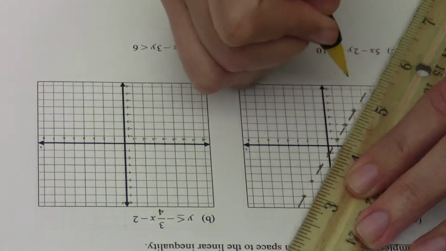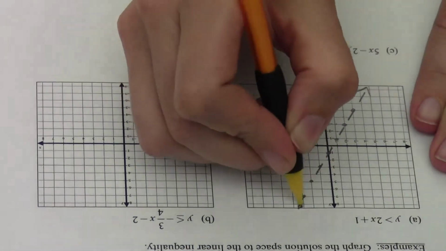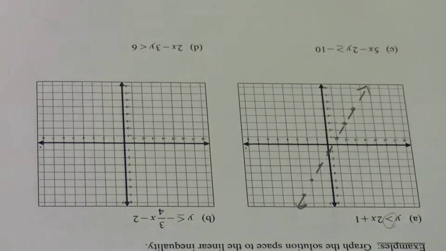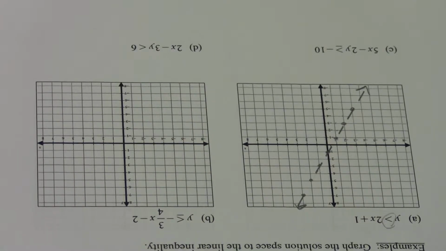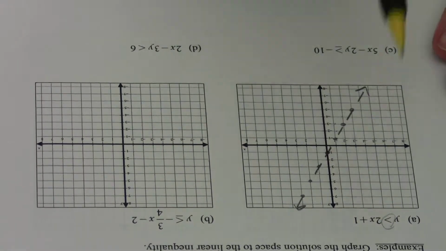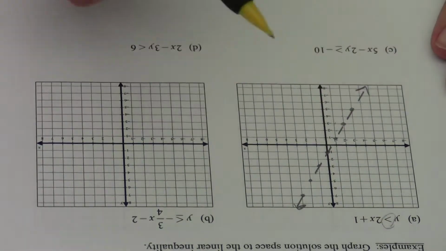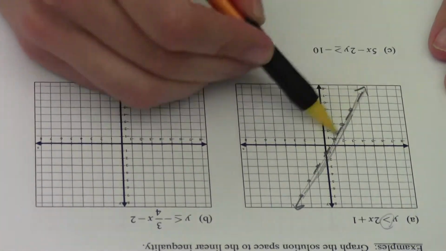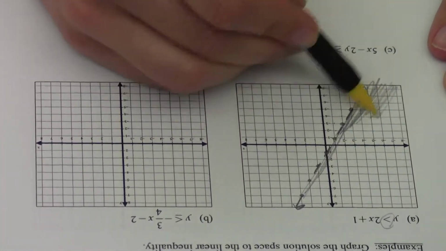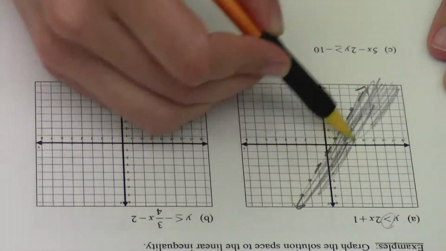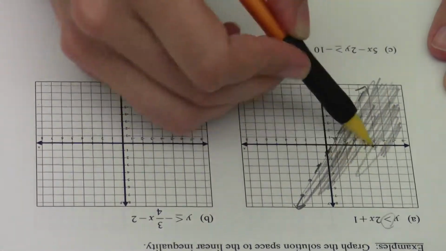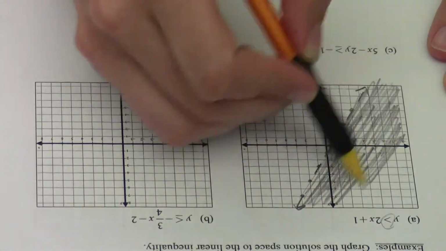If you notice, I'm dashing my line because I've got a greater than sign. There's no or equal to under it, so it's dashed. Then I need to decide greater than, so I need to shade above. So I'm going to use the side of my pencil and shade the entire graph above this line.